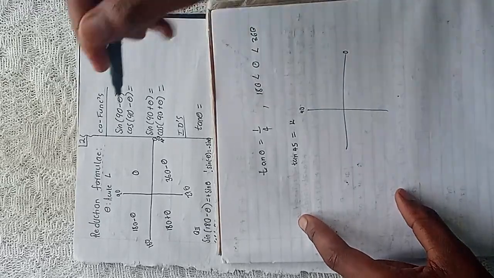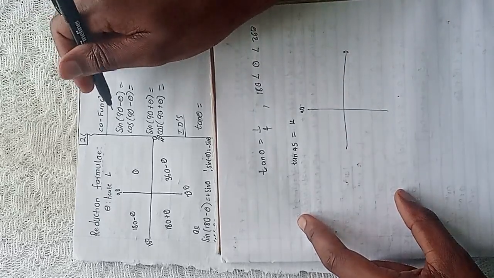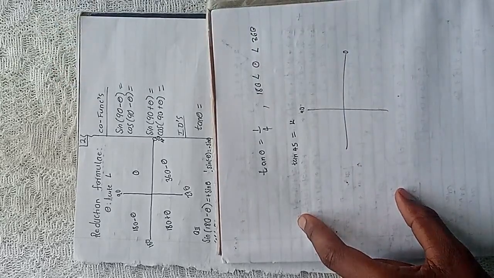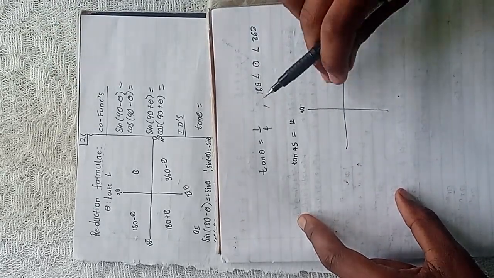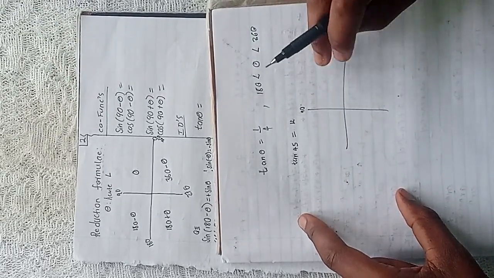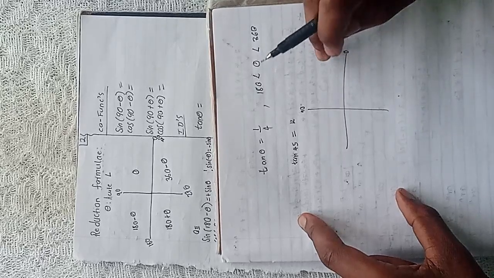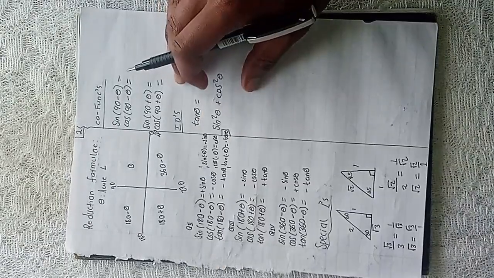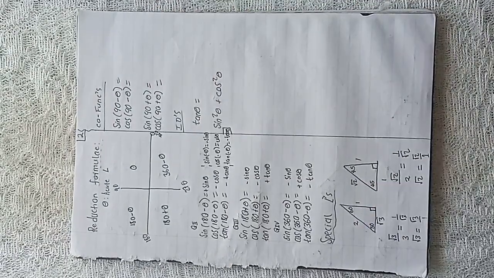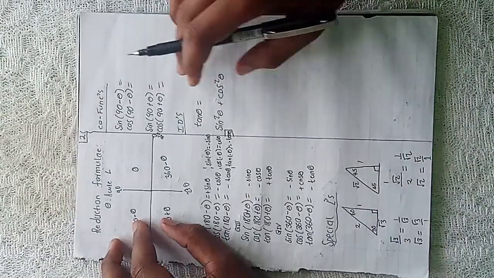So if you say 90 minus an acute angle, it will fall in quadrant 1. 90 minus an acute angle will fall in quadrant 1. Okay, but there's a catch here. There's something that you need to be very careful of.